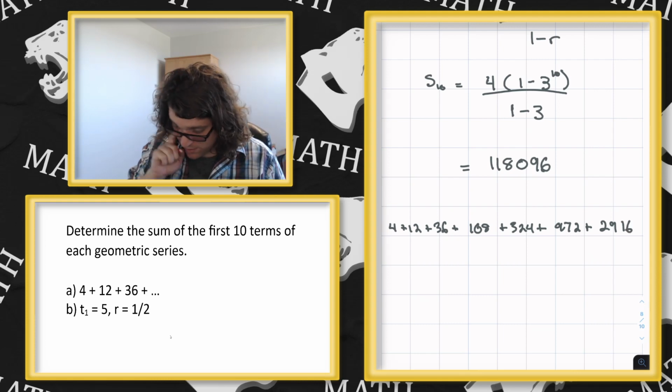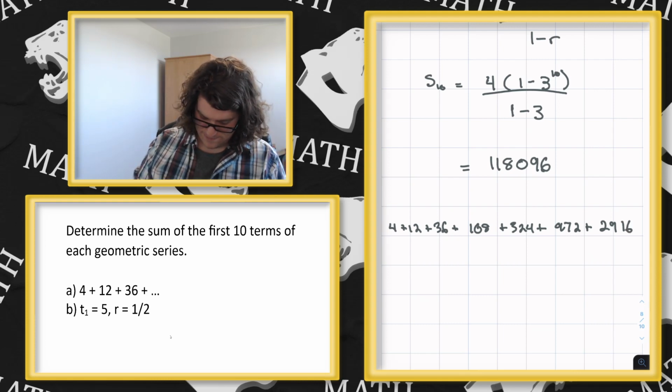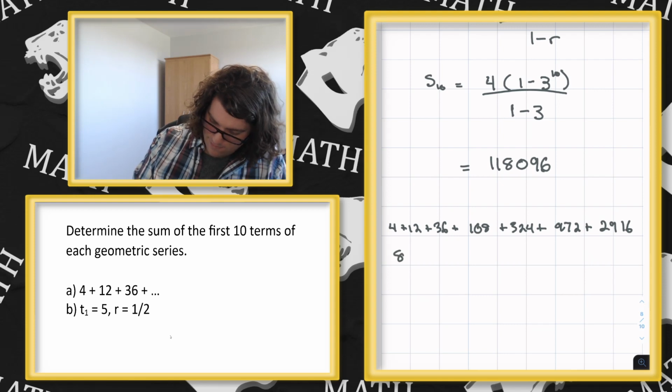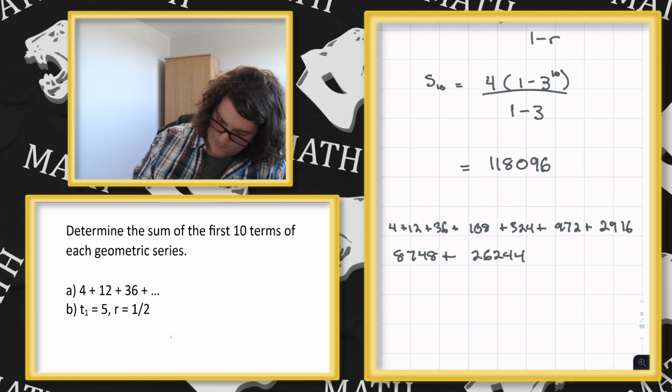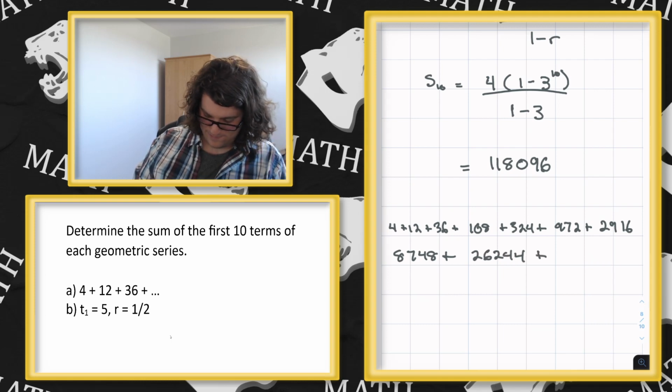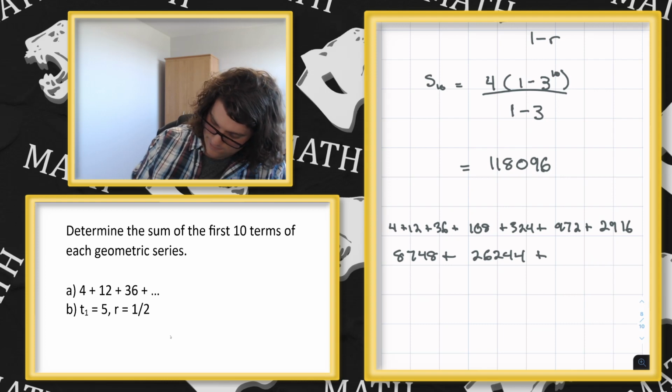So what do I have so far? So that is 7, 8, 9, 10.